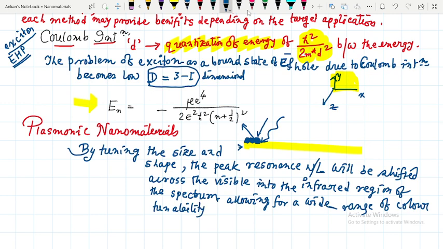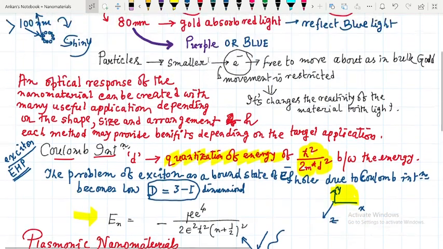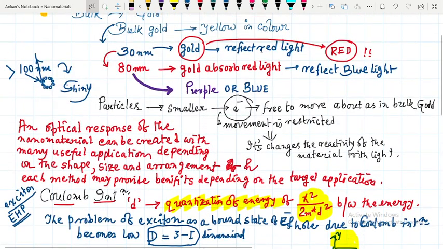You have already studied that by reducing the size, the color of the scattered light will be controlled. When the size is of the 30 nanometer order, the gold will appear red, but when it changes to 80 nanometer, the gold appears blue or purple.